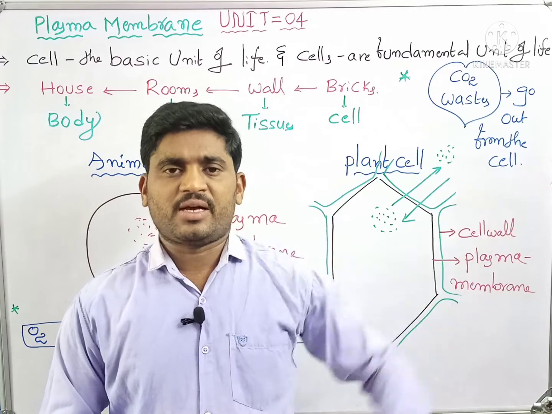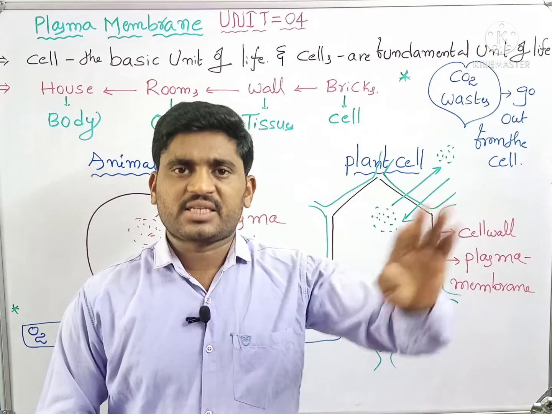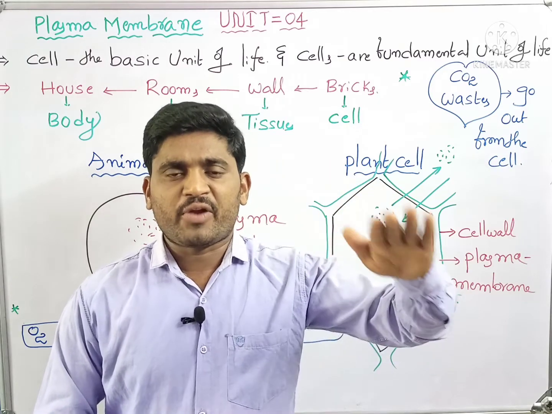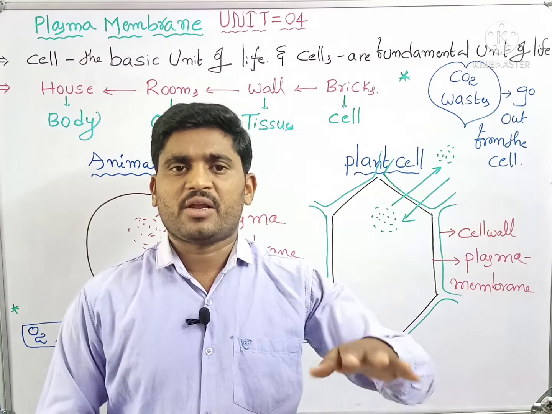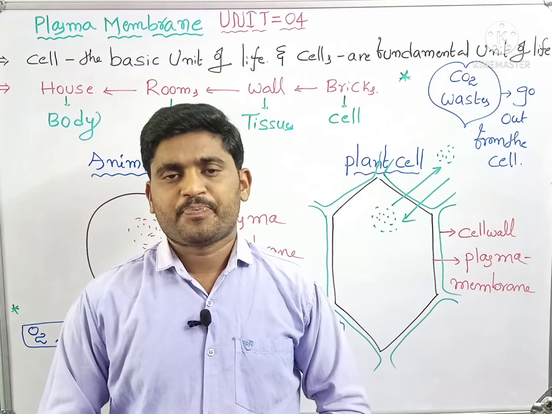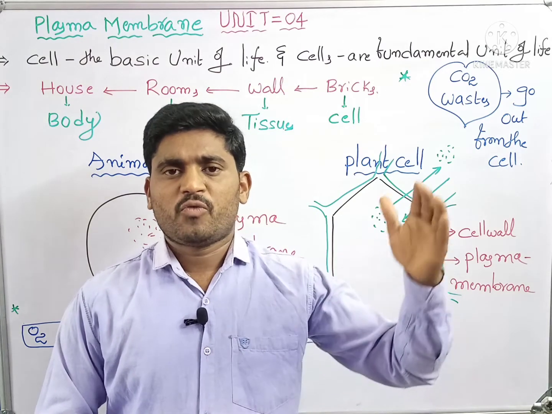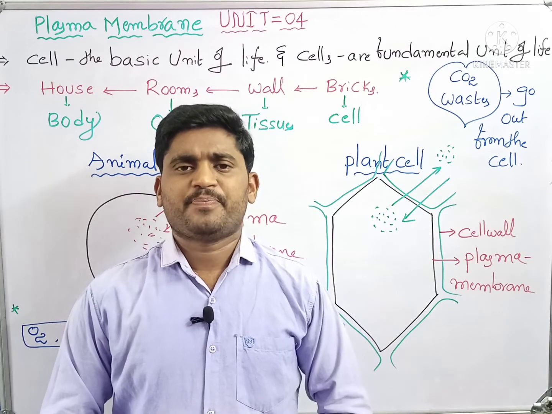In the previous first class, we already studied what is a cell and the structure of plant cell and animal cell, and the different functions of cell organelles and types of cell, and which shape the cell is. So today we discuss the fourth chapter, plasma membrane. So what is plasma membrane?